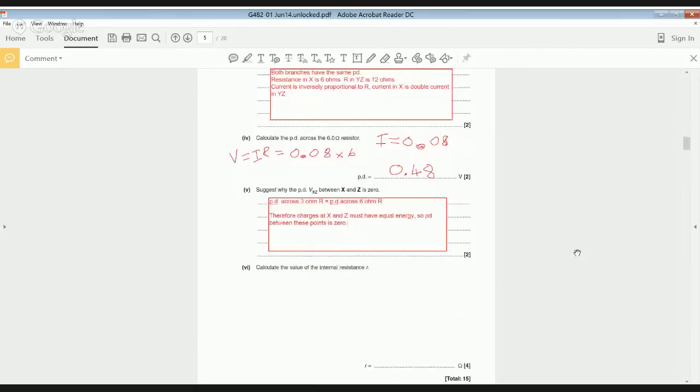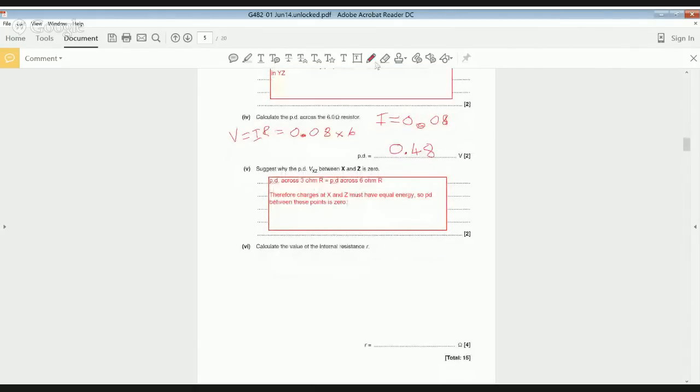Finally here, calculate the value of the internal resistance r. Well, we would use the equation E equals V plus I little r, where little r here represents the internal resistance. Ir together, remember, that's the lost volts.